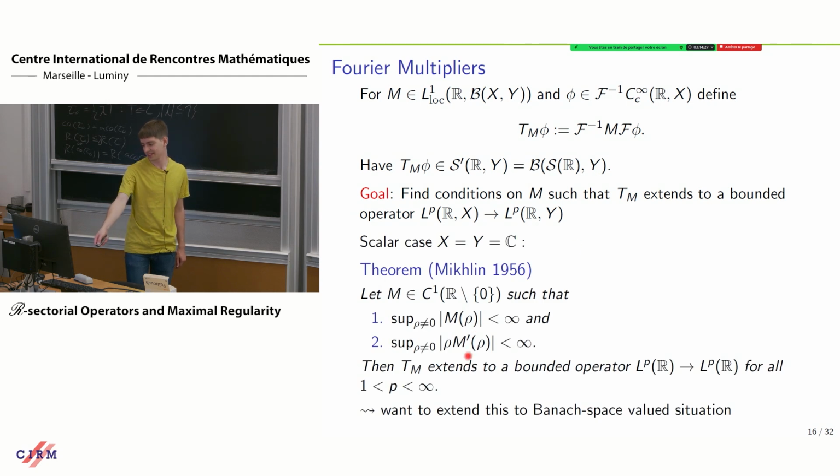You just replace the absolute value by the operator norm, and then this is true. So of course this follows easily from the Weis theorem, but I haven't had a look at the direct proof for Hilbert spaces, which I think exists.